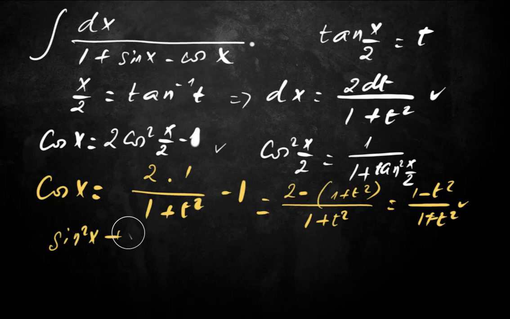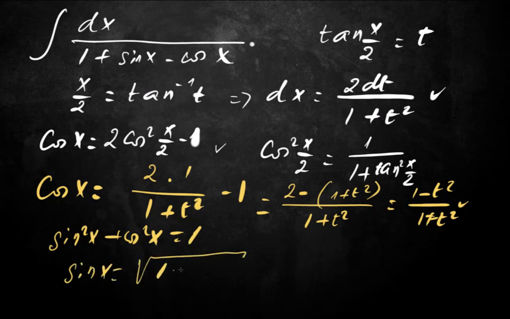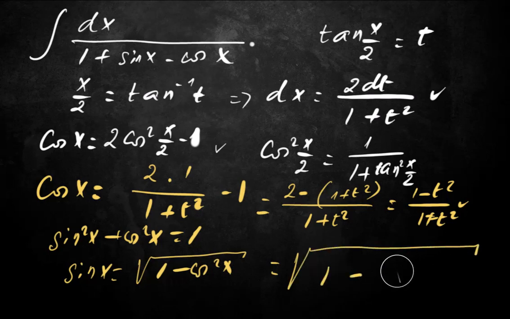We know that sine squared x plus cosine squared x is equal to 1. And we would say that sine x is equal to square root of 1 minus cosine squared of x. So we can plug in 1 minus 1 minus t squared over 1 plus t squared all squared.